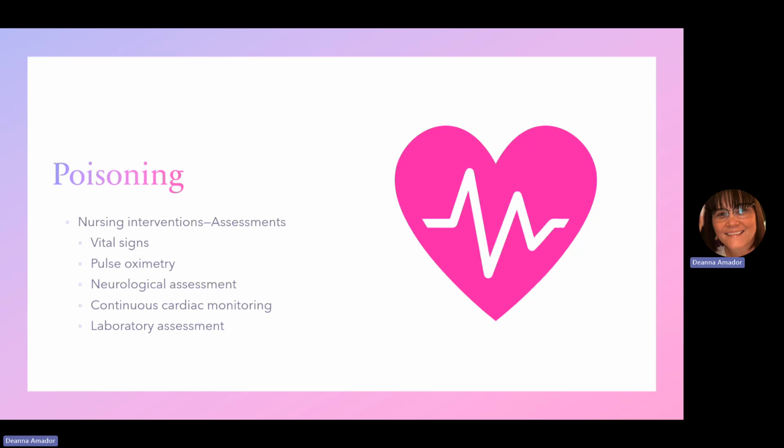So labs that we'll be doing are a toxicology screen, ABGs to watch our acidosis and alkalosis, our potassium levels, glucose, liver function tests, and so on and so forth.